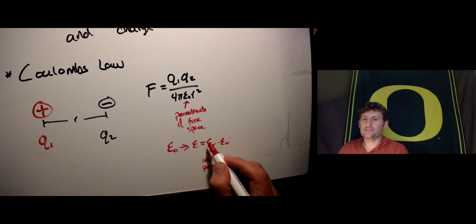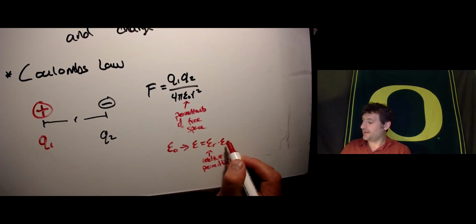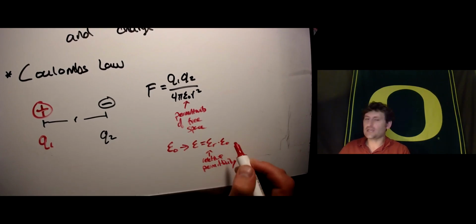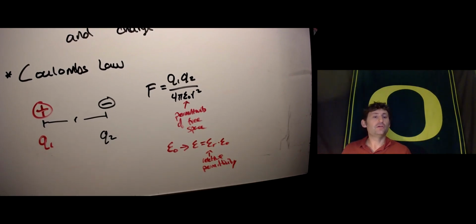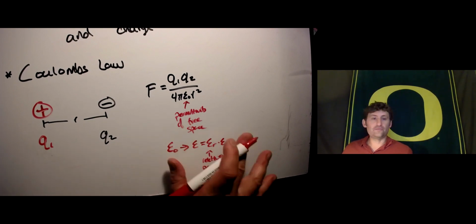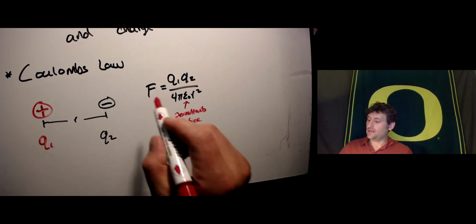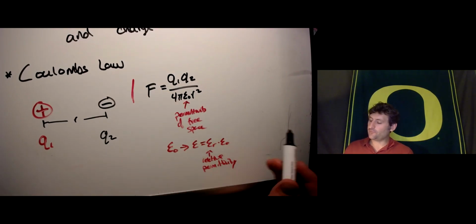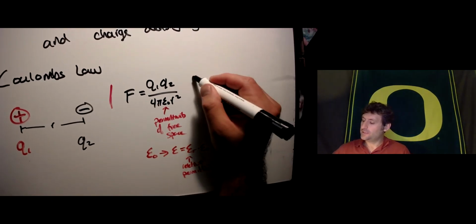So this is going to be typically a number between 1 and 100 times the permittivity of free space. Okay, so this is just one of those physical constants that nature exhibits that we've determined via experiment that makes this law hold true. So that's going to be the force between these two particles.